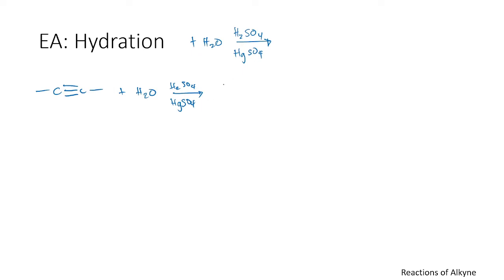We have here our intermediate product, which is our enol, wherein we have an anti-addition of water, our H plus and our hydroxide. There will be a breaking of one of the pi bonds, and we will have our hydrogen and our hydroxide.